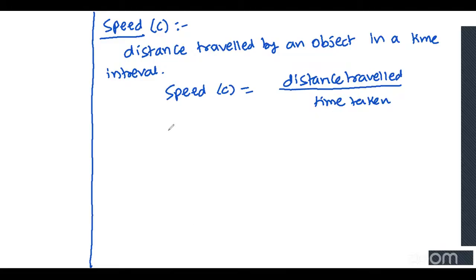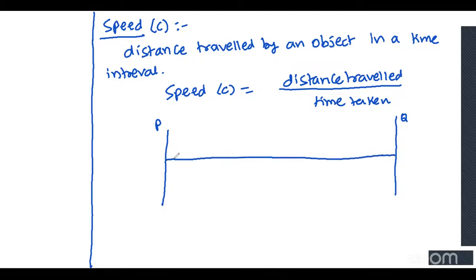Suppose I have two walls, this is P and this is Q. If two persons, A and B, are walking from P to Q, the distance is the same. A takes 5 minutes and B takes 8 minutes.